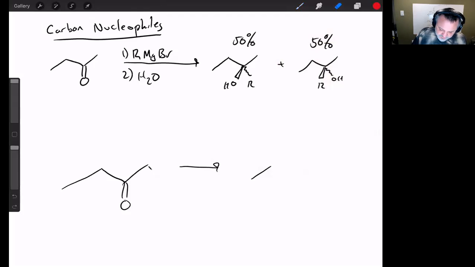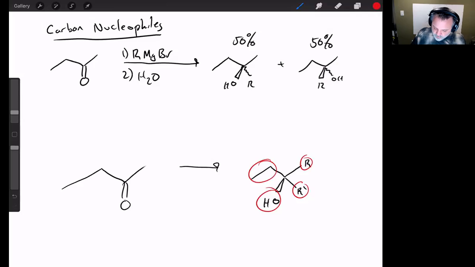However, if it's unsymmetrical, then it does form, assuming that the R group is not the same as methyl, so R prime and R, you get four different groups.